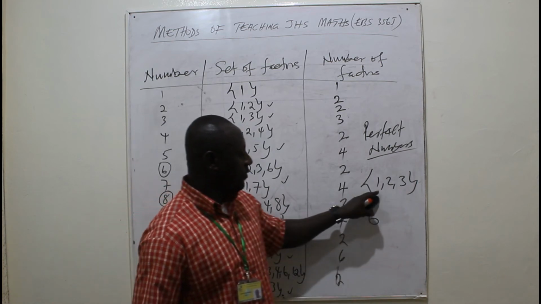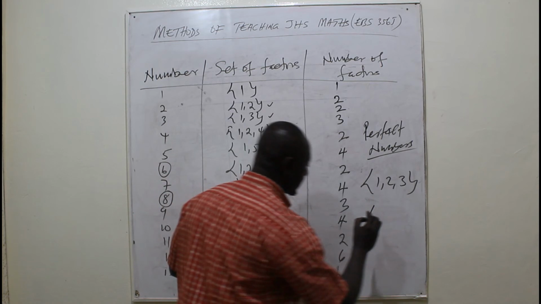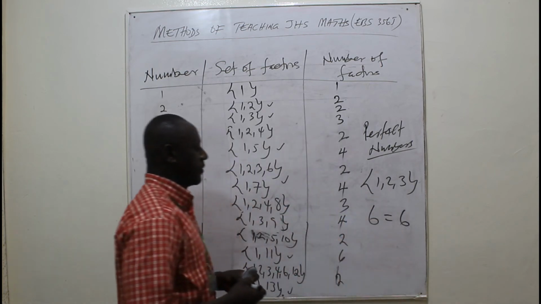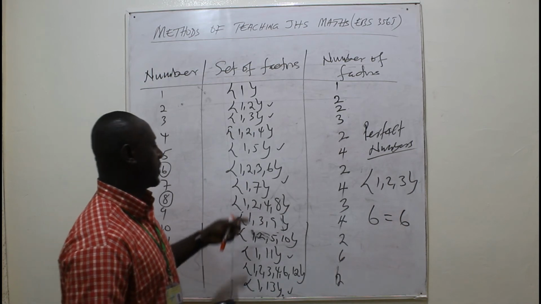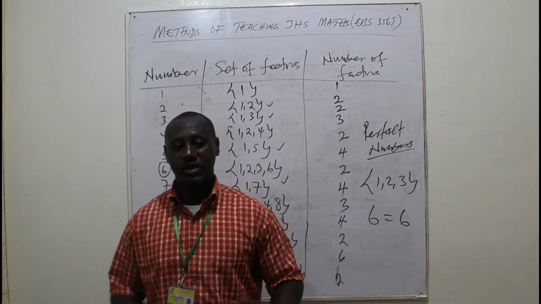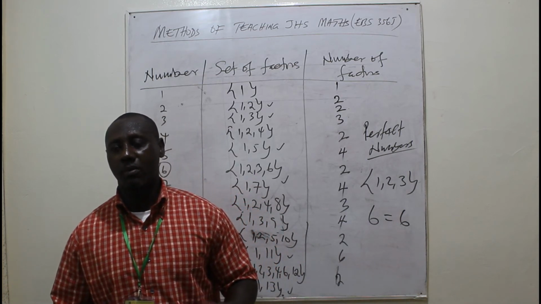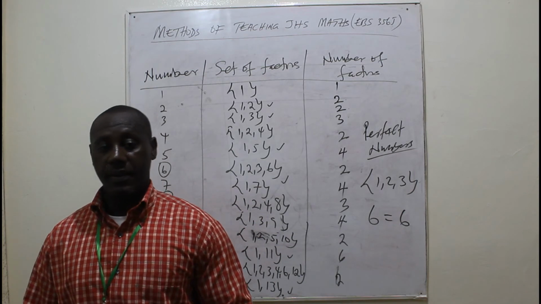If you find the sum of these proper factors, they are going to give you 6. And of course, 6 is equal to 6. And because of that, we say that 6 is a perfect number. So now we can ask the students to explore and know more about the numbers under consideration.